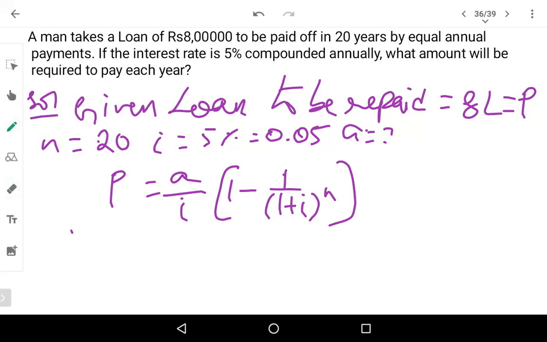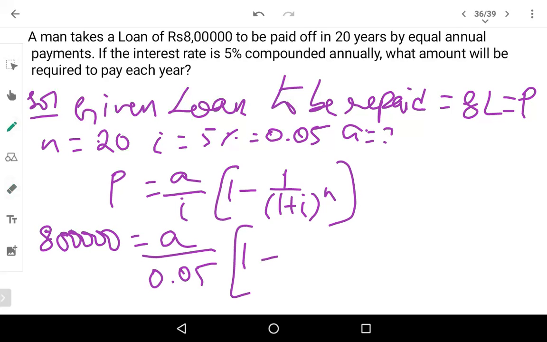Okay, so this is the formula. Now here we know the P value, which is 8 lakh rupees, is equal to A, which we don't know, divided by I, which is 0.05, and then 1 minus 1 divided by 1 plus I, again 0.05, to the power n, which is 20.